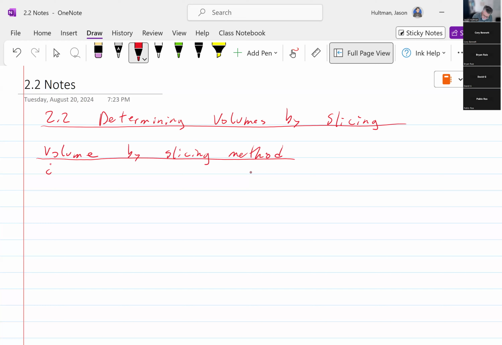So number one, examine the solid and determine the shape of the cross section of the solid.